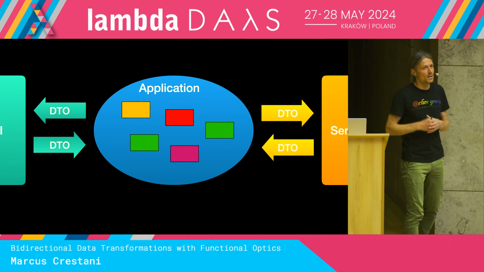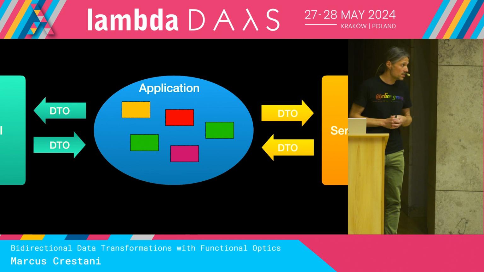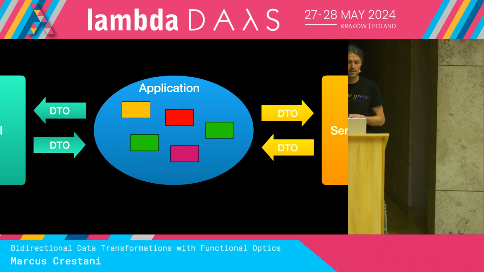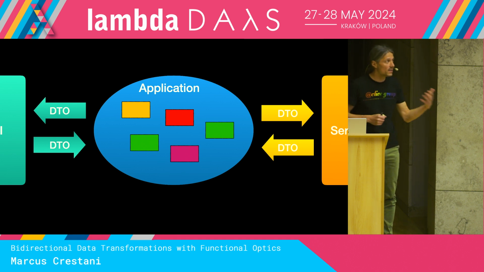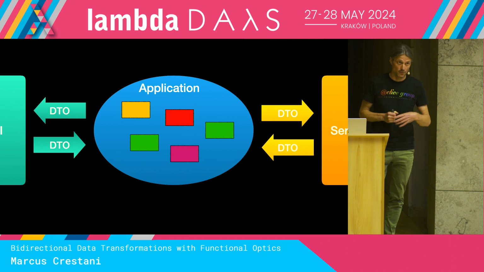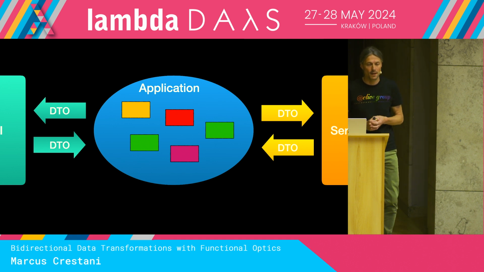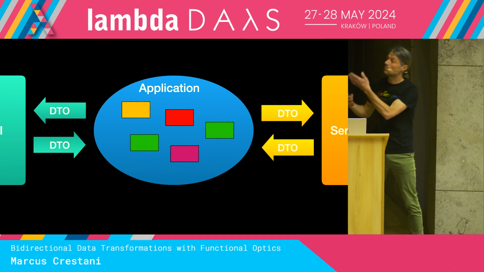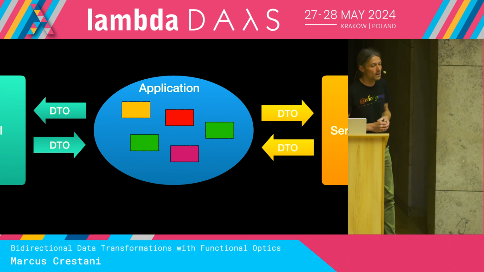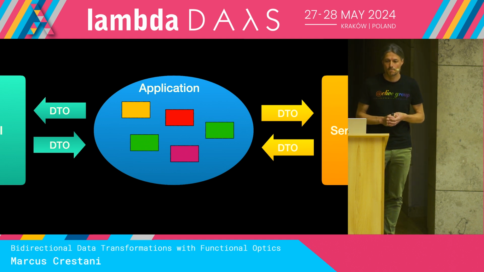So this is what the overview of our application actually looks like. We have to take care of each direction of the originally double-headed arrows. And of course, we may need to do that for more than one domain object.